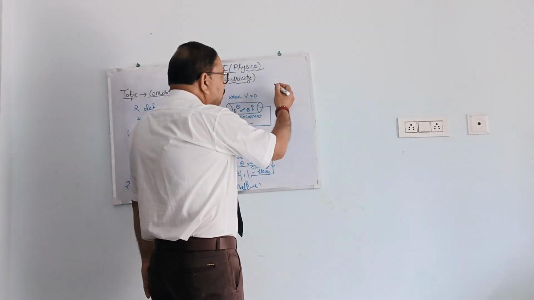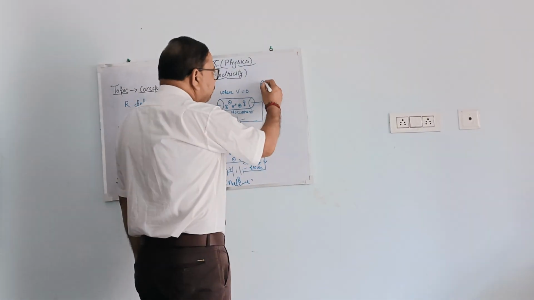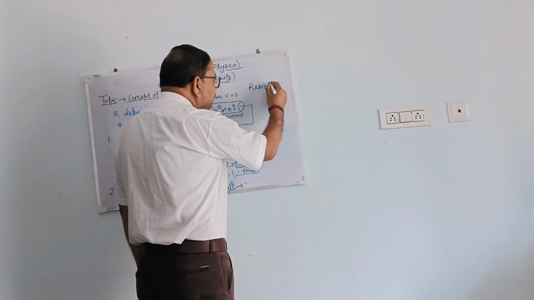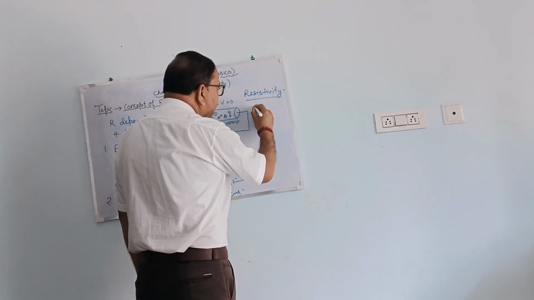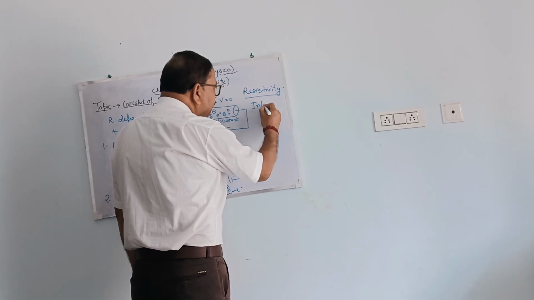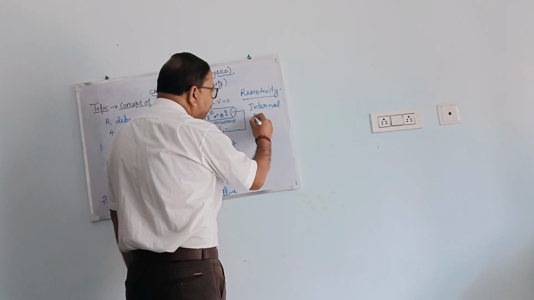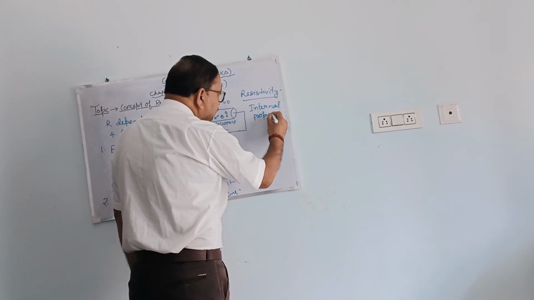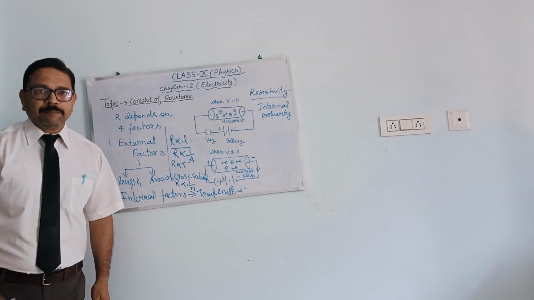Now I want to tell you about the resistivity. What is the difference between resistance and resistivity? Resistivity is the internal property of a substance which opposes the flow of current. It is the internal property.